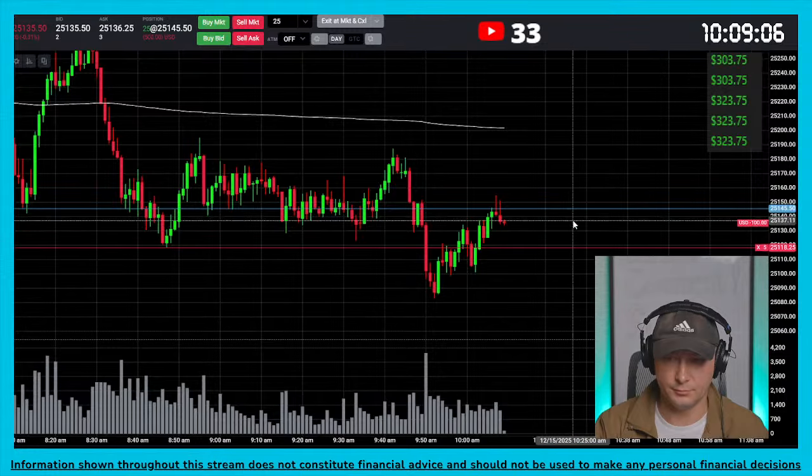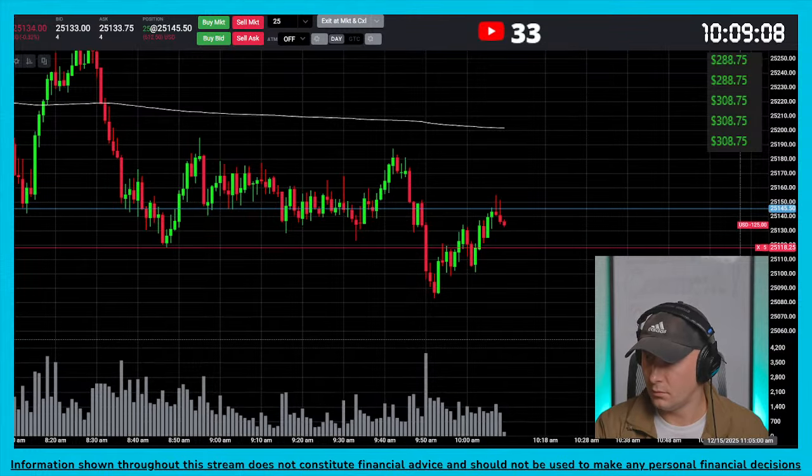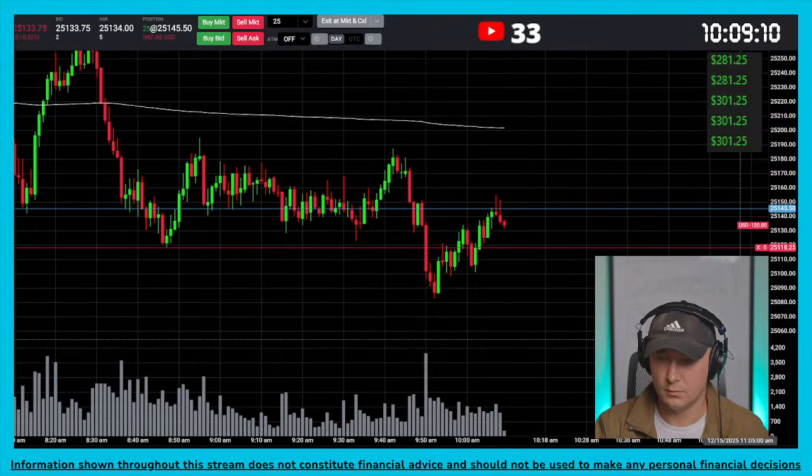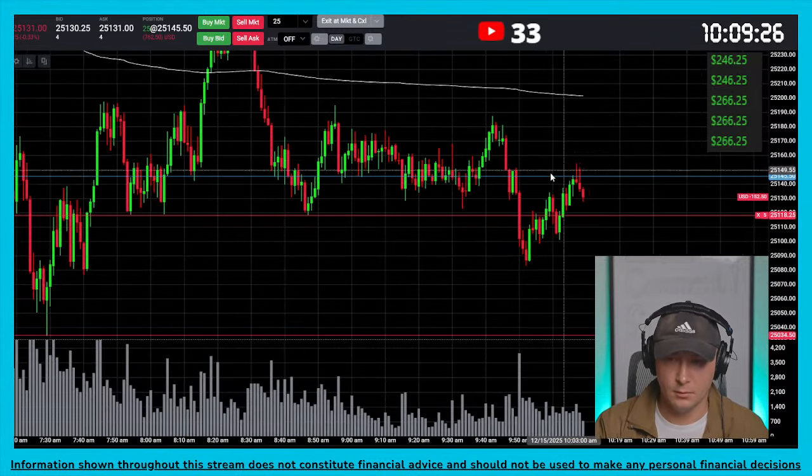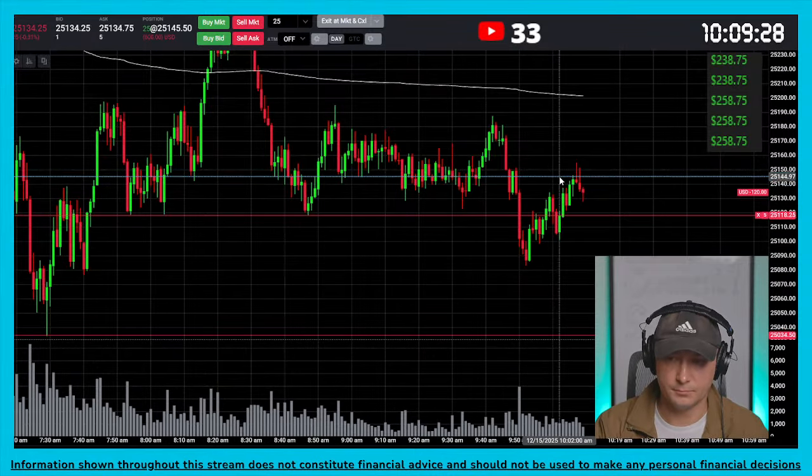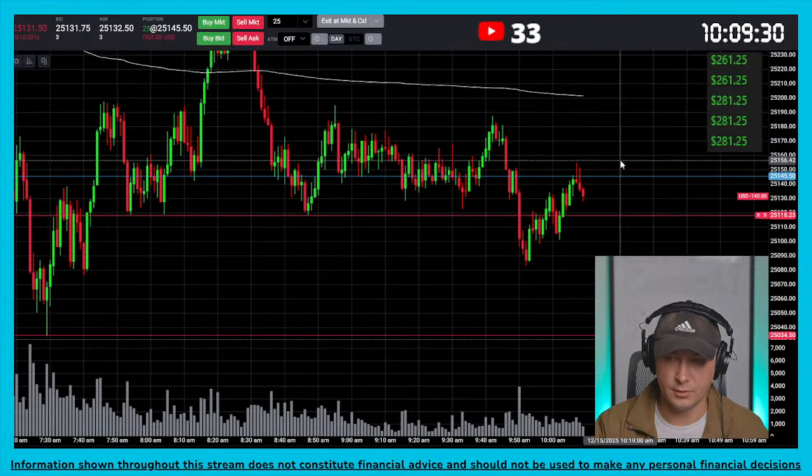Pulling back now. Yeah, it's the rejection spot. Even a bullish pullback could stop us out.